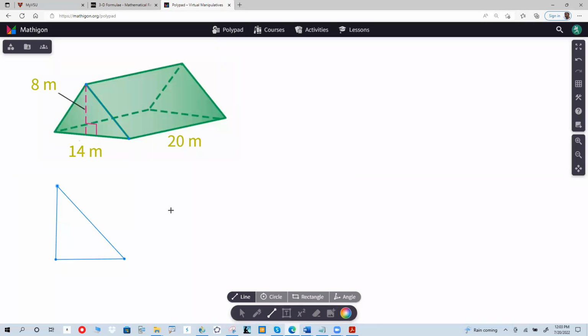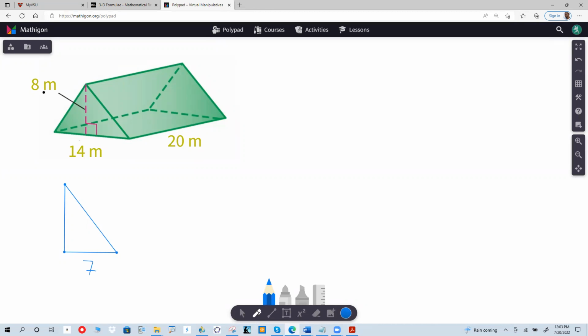This base is not 14, it's going to be 7, half of 14. And this height is 8. So what should this be? I'm going to call it S. S squared is equal to 8 squared plus 7 squared, a direct application of the Pythagorean theorem.